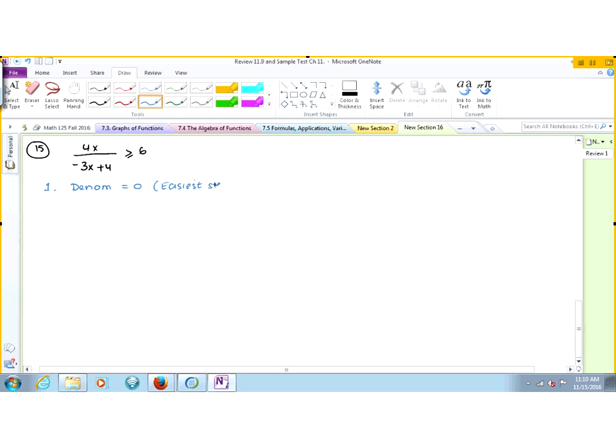I'm going to give you a clue tomorrow. The easiest step, then you'll remember what it is, right? Because even though it's easy, people usually don't remember. Denominator equal to 0, so negative 3x plus 4 equals 0. Negative 3x is equal to negative 4, so what is x? 4 over 3, yes. All right.